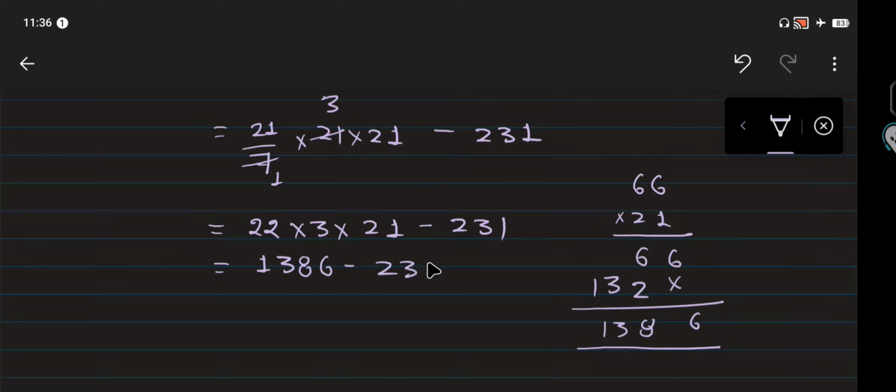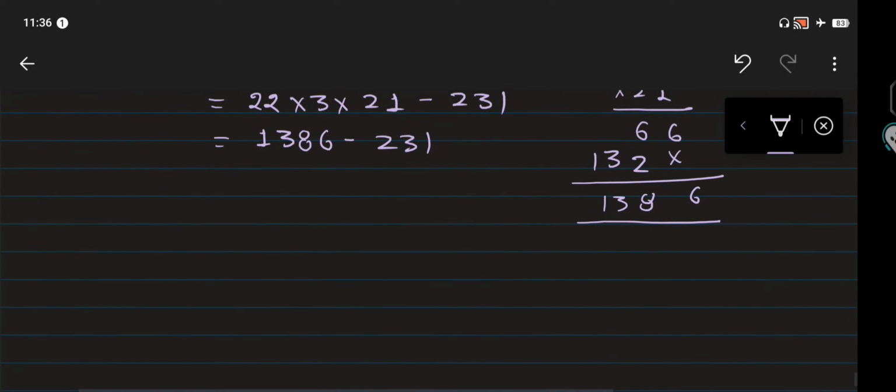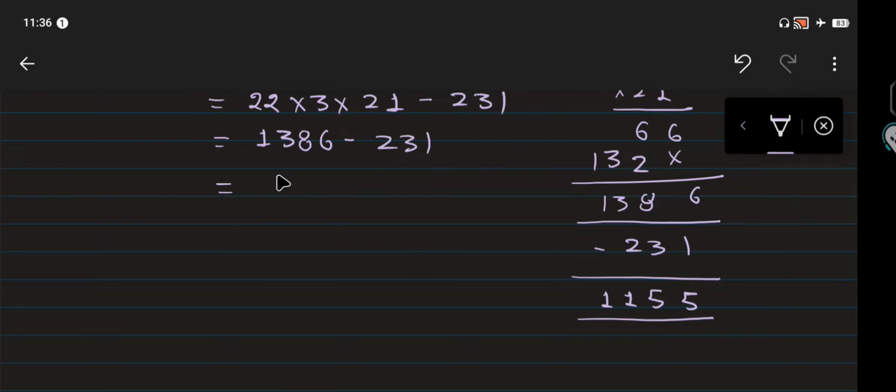And just 231. Now let's subtract it here. This 231 from it will be 5, 5, 1 and 1. So the final answer is 1155 centimeter square.